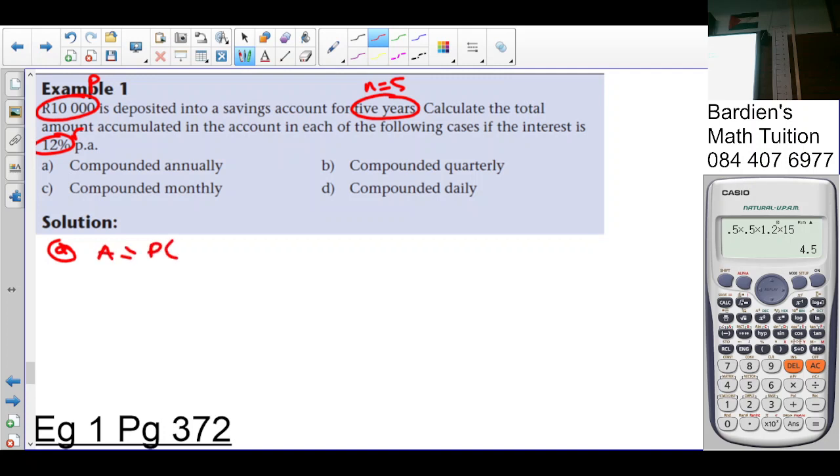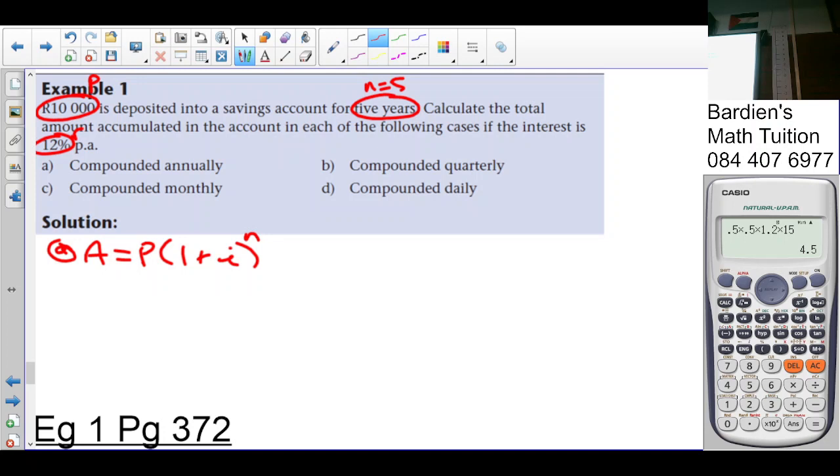A is equal to P into 1 plus I to the exponent N. That is your straight compound formula.